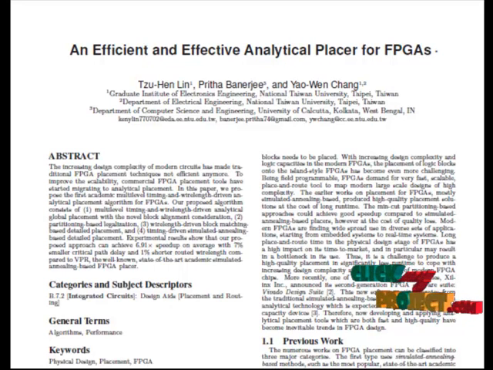FPGA placement optimization has been carried out by several methods like min cut, quadratic, simulated annealing, genetic algorithm, and particle swarm optimization. The min cut technique uses recursive partitioning to divide a netlist of circuits into increasingly smaller subcircuits.